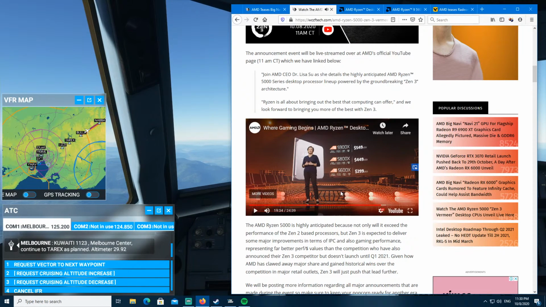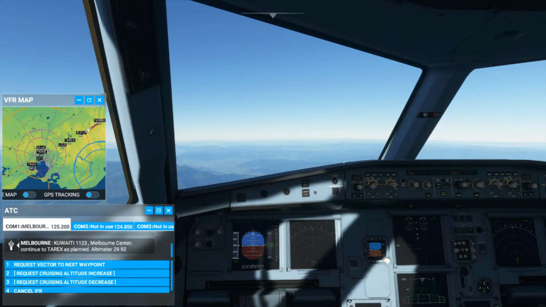These prices are really good compared to the Intel prices. So if you want to get the 5900X at 550 US dollars, I'm not sure about the pricing on the Intel, how much it is.